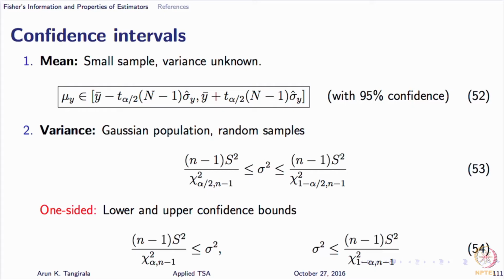Although it says 95% confidence, I have used the generic symbol alpha. You should set alpha to be 0.05 there in the statement. The t alpha by 2 in brackets n minus 1 denotes the quantile in the t distribution of n minus 1 degrees of freedom, and alpha by 2 corresponds to the quantile there, that is your probability there. You are looking at the left side probability of it.